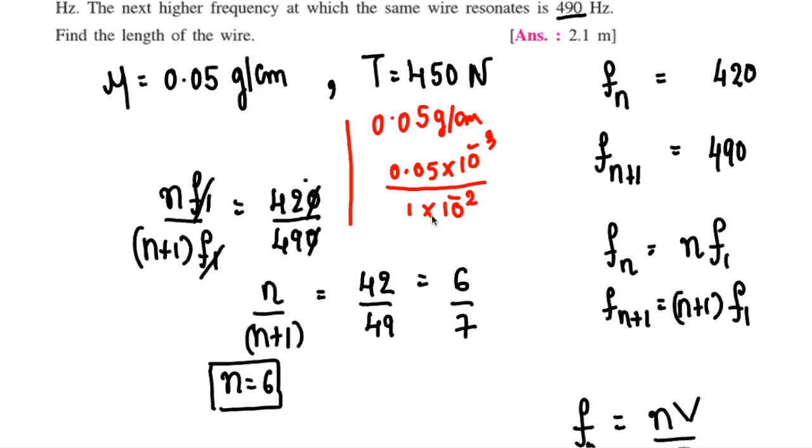So finally we'll get 0.005, that is 5 into 10 to the power minus 3.